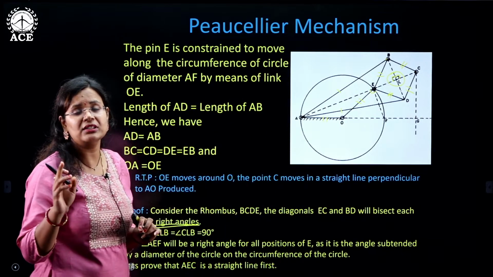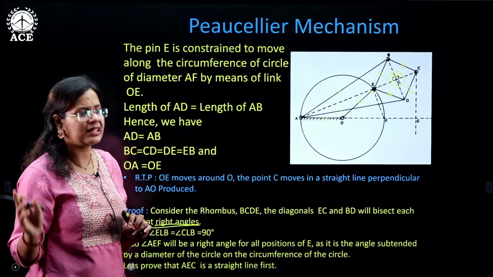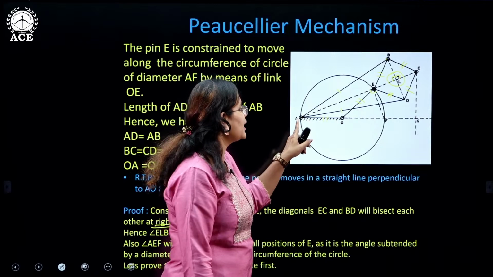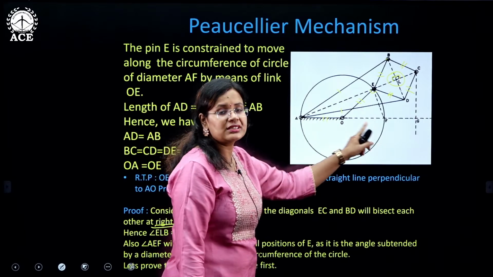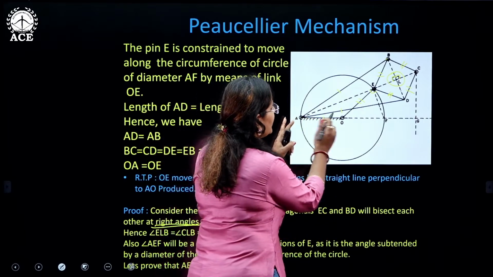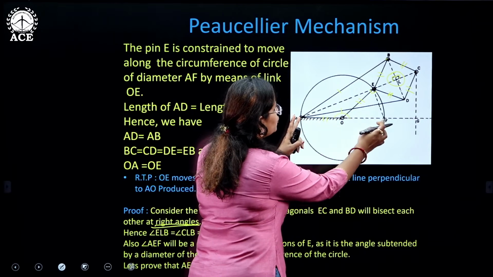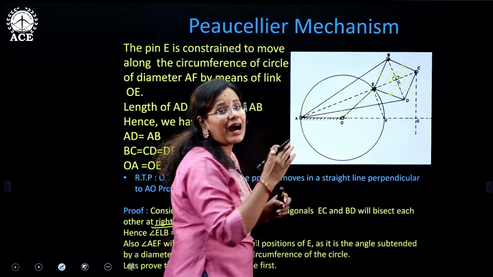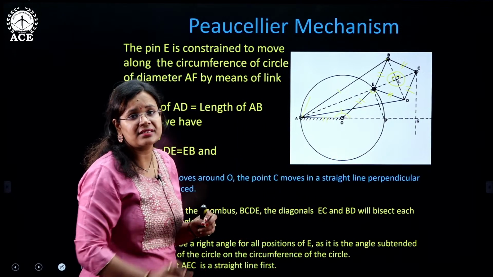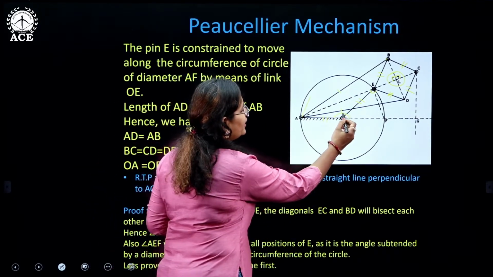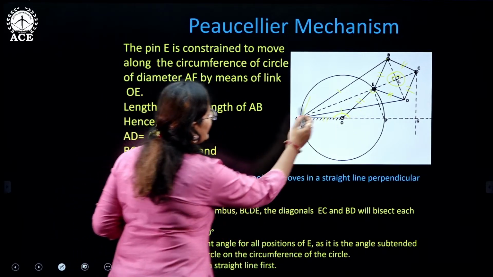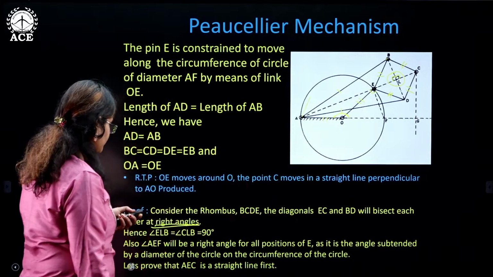When we learn geometry in mathematics, the topic of circle says that whenever the diameter subtends an angle at the circumference, that is half of the angle made at the center. So since this is 180, this is going to be 90. Okay? So angle AEF is going to be 90 there.